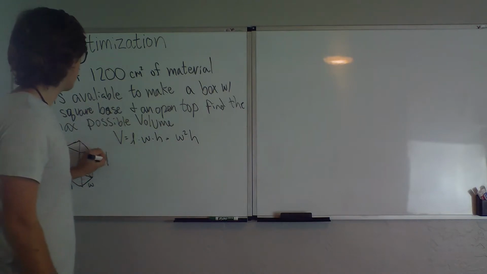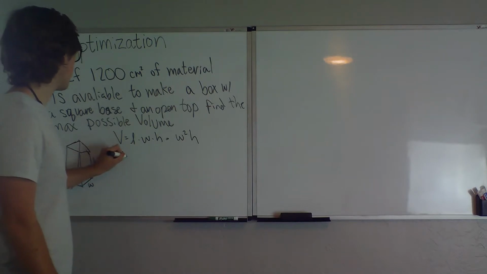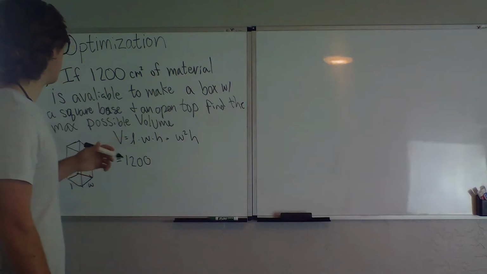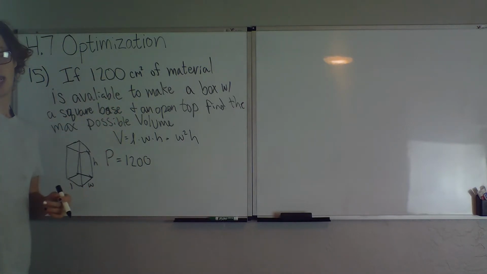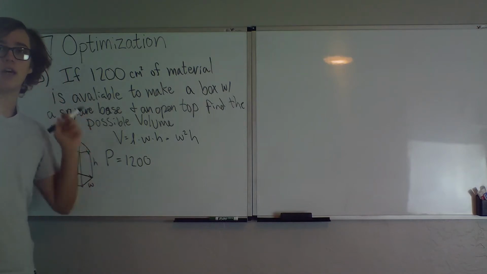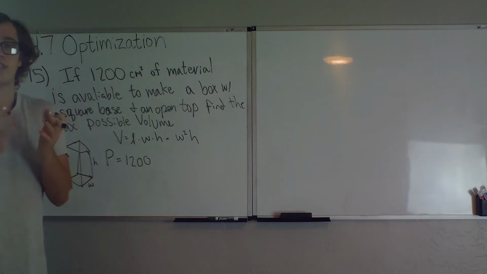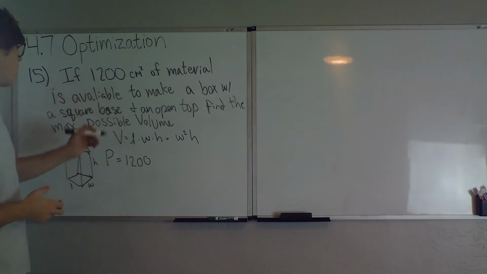The other thing is it says we have 1,200 centimeters of material. And where do I get that? It's because this is 1,200 centimeters squared, and that gives us an area of useful material. So then that means our surface area for the box without the top is equal to 1,200.